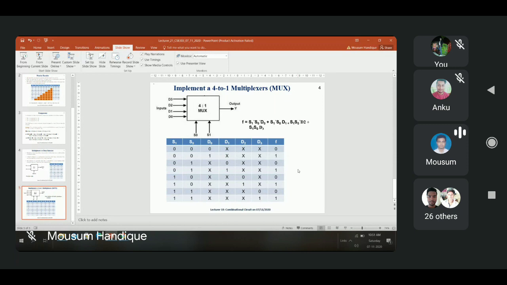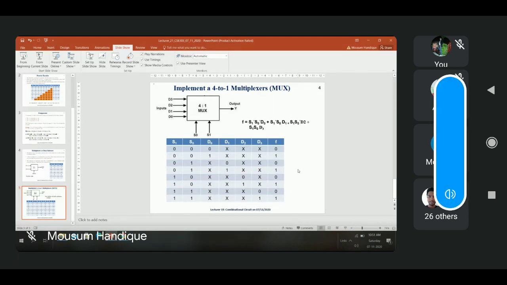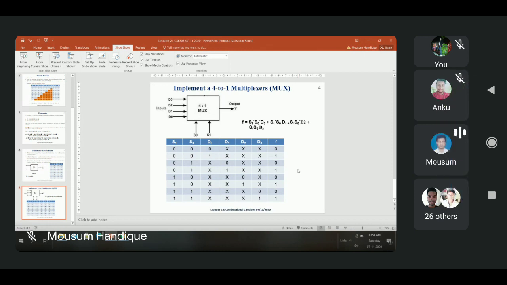If you exclude the syllabus of the first internal exam, whatever we have learned and whatever we are discussing, all the topics are included in the second internal exam. Are you getting my point? Any doubt? No, sir. Okay.